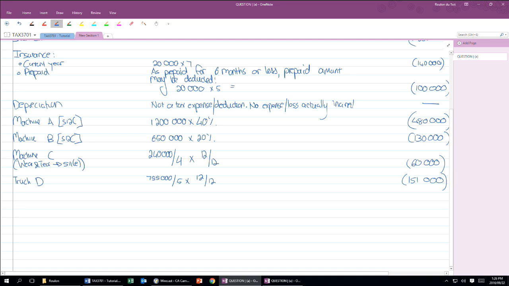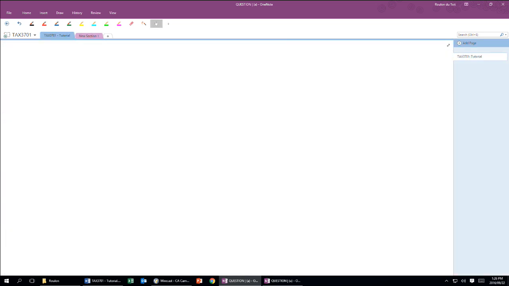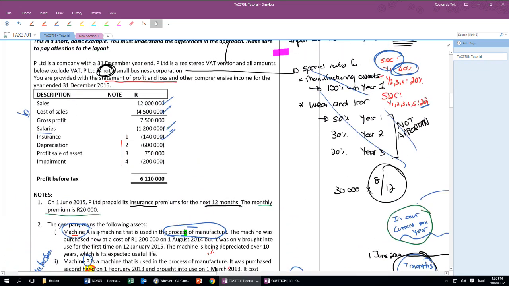Right, 151,000 rands. Okay, so that's everything for the depreciation.